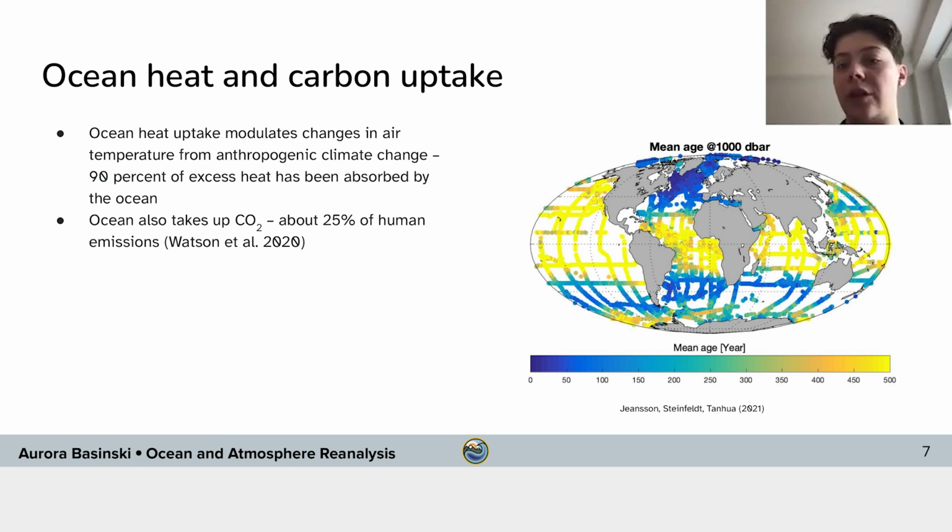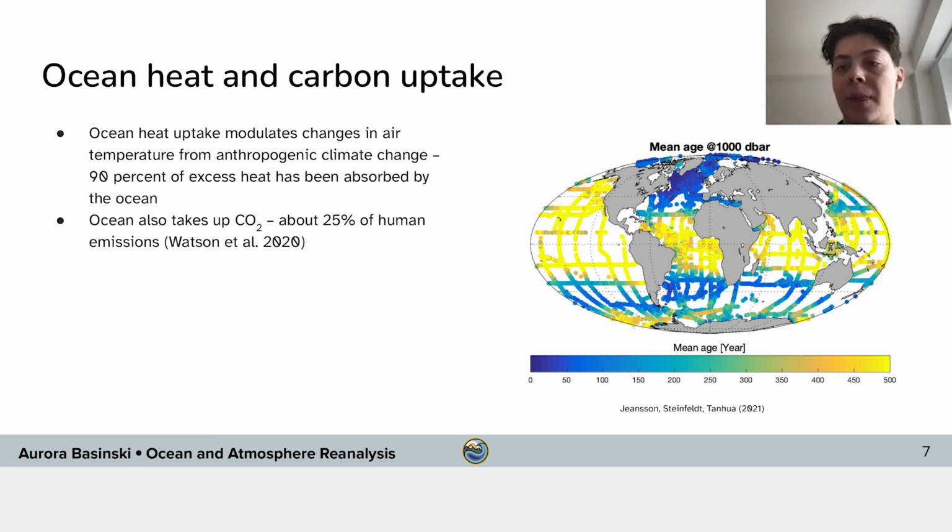The ocean in general is a much slower system in comparison to the atmosphere. This can be seen from the plot on the right, which is looking at mean age of water masses at 1,000 meters depth. By mean age, we mean how long it's been since that water was last in contact with the atmosphere. In some regions the water is younger at 1,000 meters.